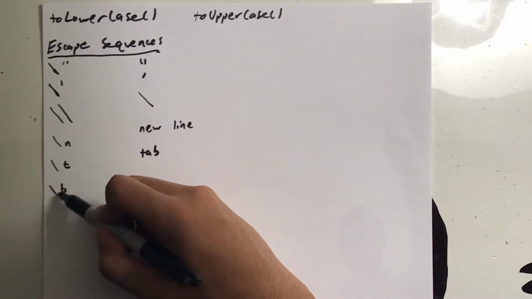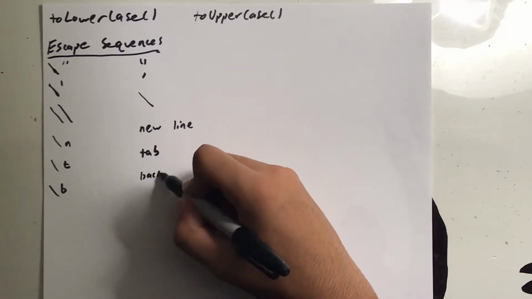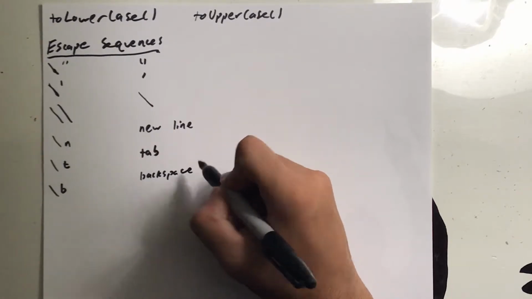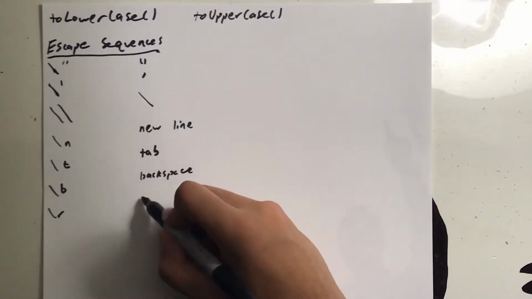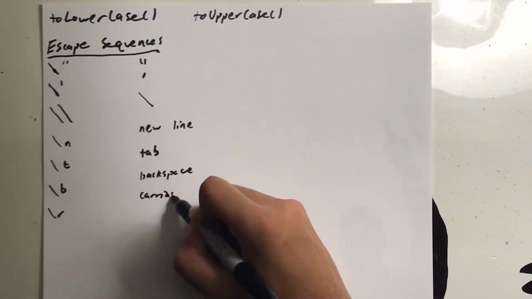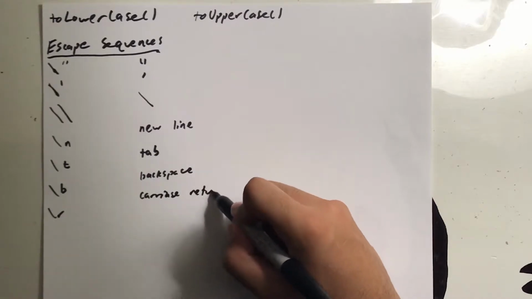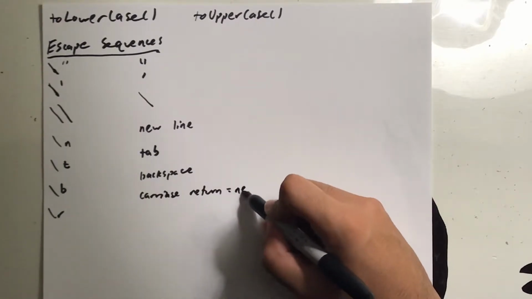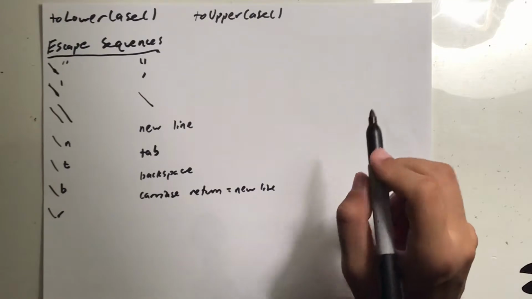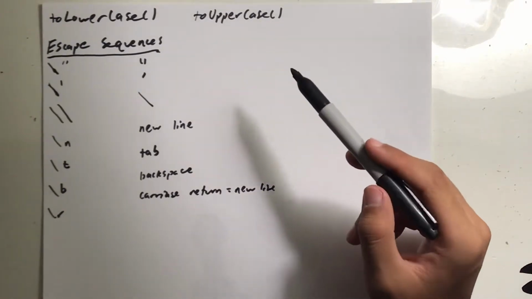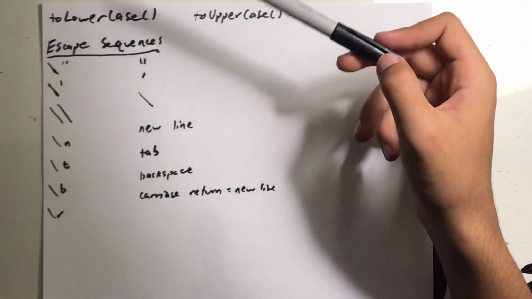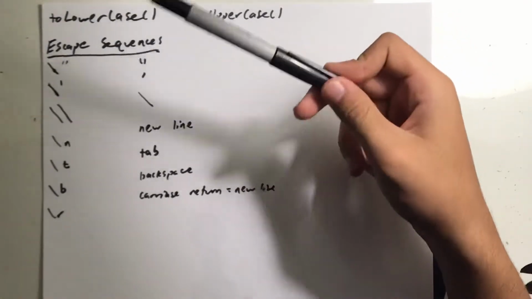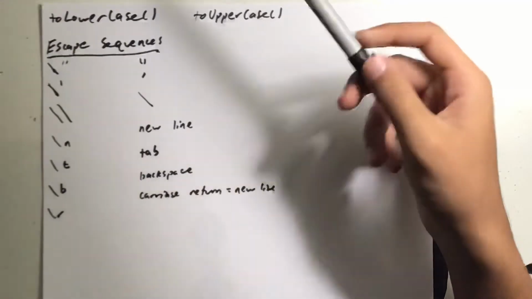Backslash b is backspace. And backslash r is carriage return, which is basically the same thing as new line. And remember, these escape sequences are very easy to memorize. If you see a backslash, that's how you know you're going to use an escape sequence.